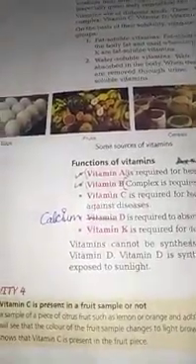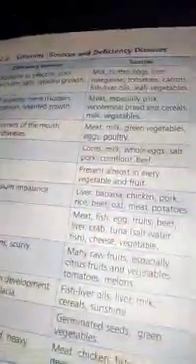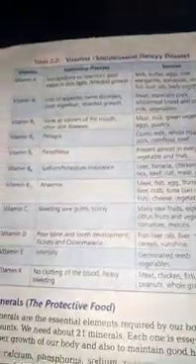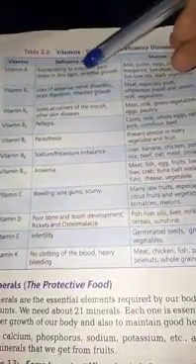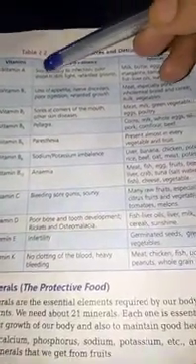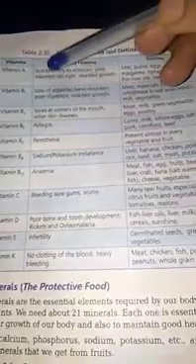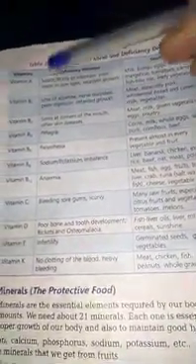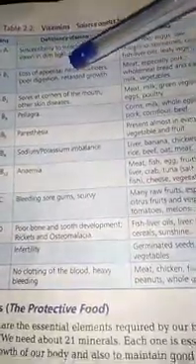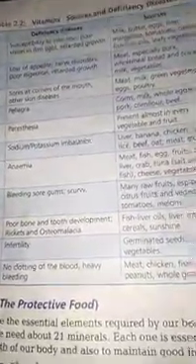Okay, now there is one table regarding these vitamins. I will attach this table in your worksheets also, so that you can easily go through this table. What does this table show? Vitamin A deficiency disease is susceptibility to infection, poor vision in dim light, means night blindness, and sources are given. Then vitamin B1, what is the deficiency disease? Loss of appetite, bhook kam lagti hai, and some sources are given.